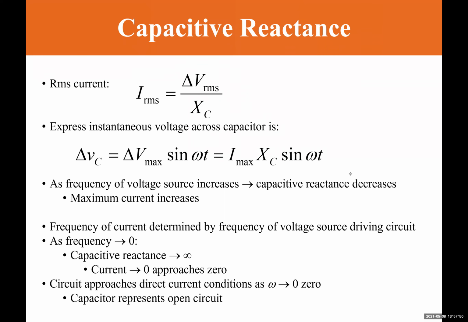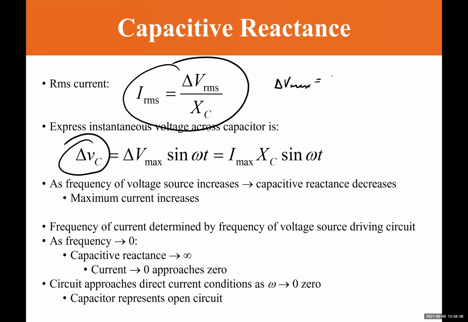That means every value can be represented in terms of this. So, for example, the delta V for the potential difference across the capacitor is delta V max sine omega t. But delta V max is equal to the current times x sub c, so current max times x sub c. I can then replace the delta V max with that.